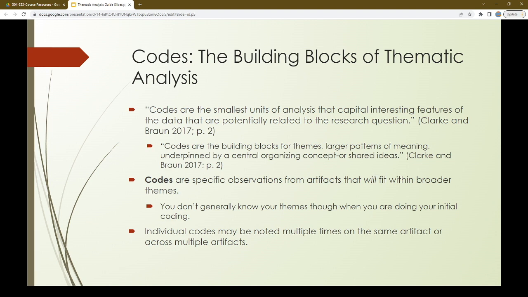And so the nature of codes is they oftentimes are repeated. That's how they develop into themes. So bear in mind that individual codes may appear in individual artifacts multiple times. Also, it may be the case that codes appear multiple times in different artifacts as well.